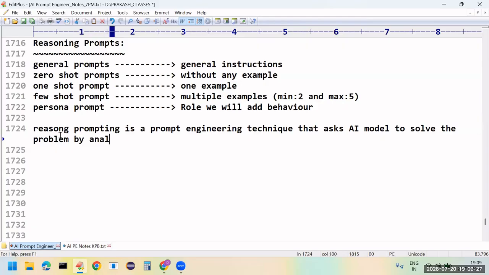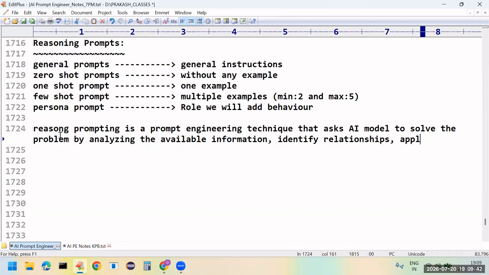By analyzing the available information, identifying the relationships and applying some rules, and finally producing a logically supported answer.